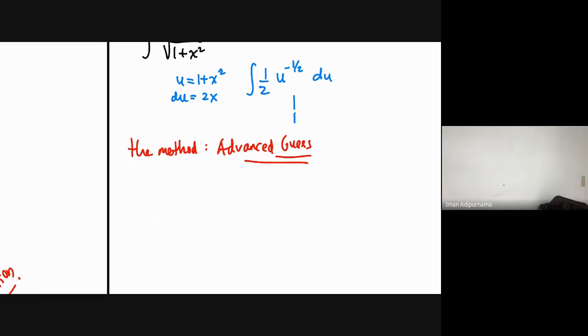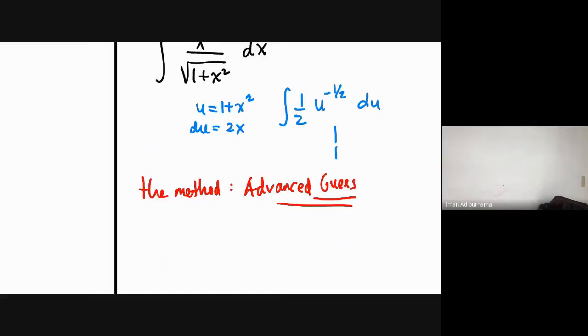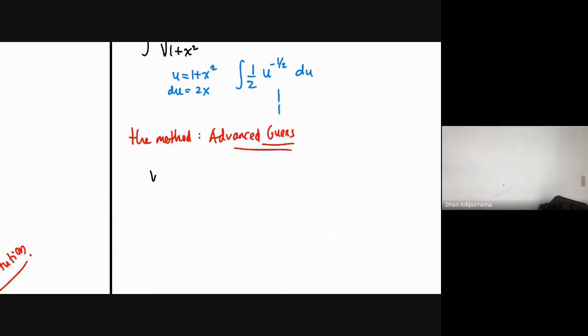You see here x over square root of something, right? Let me try. If you have square root of x, what will be 1 over 2?